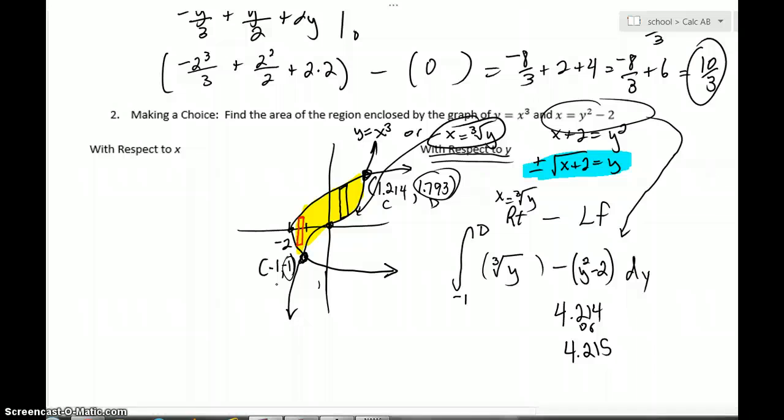Our bottom boundary for that rectangle right there is not the cubic function. It's actually the other half of that sideways parabola. So again, just to point out something again, the top half of this parabola was y equals positive radical x plus 2.